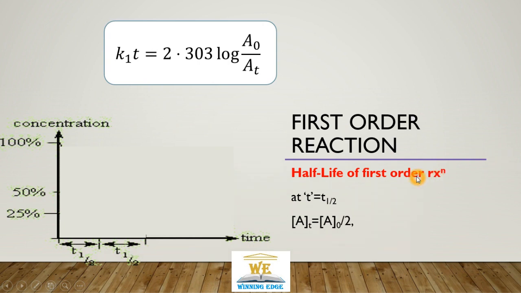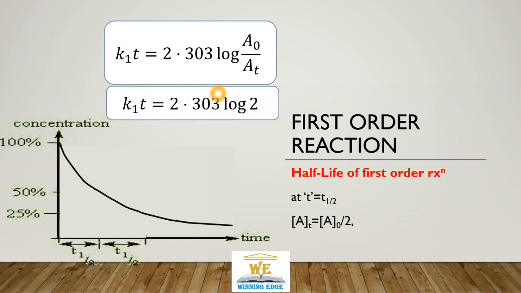Half-life of a first order reaction, as we know, is the time at which concentration is reduced to half of its initial value. It means the initial concentration is 100% here, and it will fall to 50% at the first half-life time. At the first half-life time, we substitute the value At equal to A0 divided by 2.